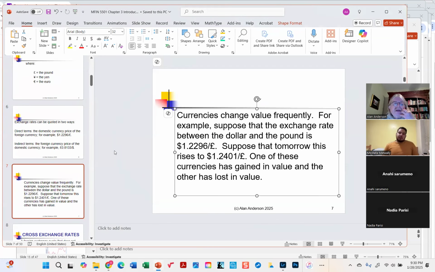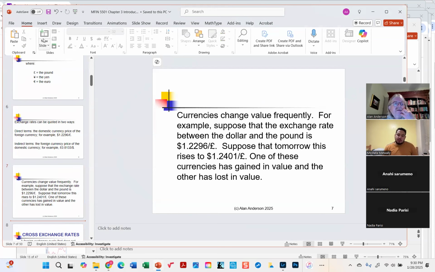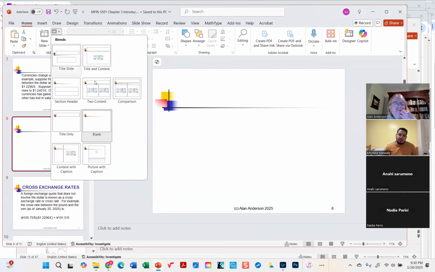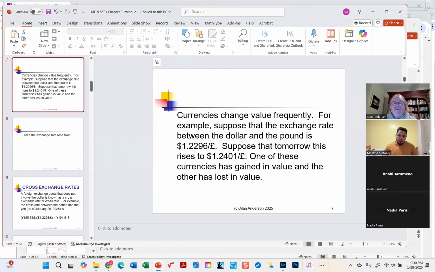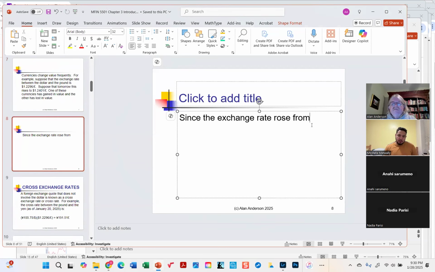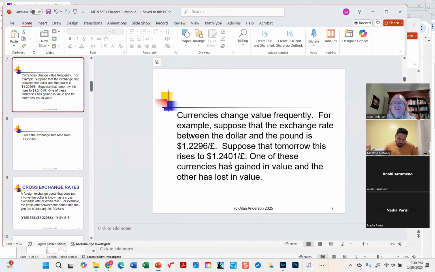So here's how to think about it. Since the exchange rate rose from 122.96, in other words, the pound got more expensive is what's just happened here. I have to use more dollars to buy the same British pound.